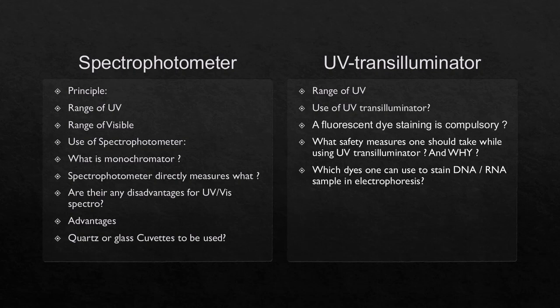Then next is which dye one can use to stain DNA, RNA samples in electrophoresis. So ethidium bromide or SYBR are generally used, but they are carcinogenic, so you need some safety precautions to be taken. So these are some questions for UV transilluminator, spectrophotometer, electrophoresis and PCR.